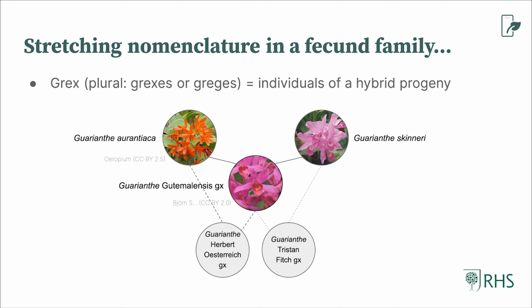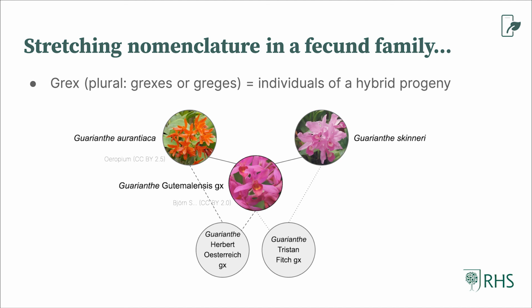And these grex names also have specific formatting rules, and you can usually tell because they're not italics. For example, they have a capital letter and they're usually followed by GX. So that's kind of how it works for orchids, and it can get very complicated indeed.